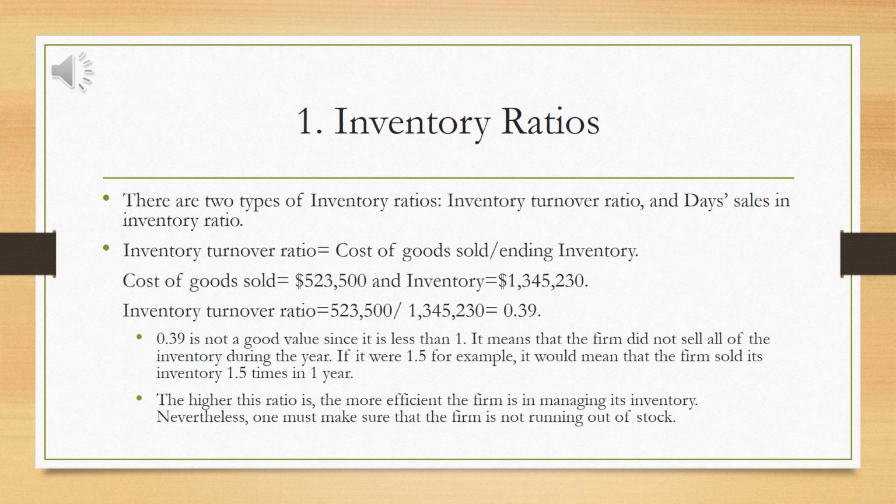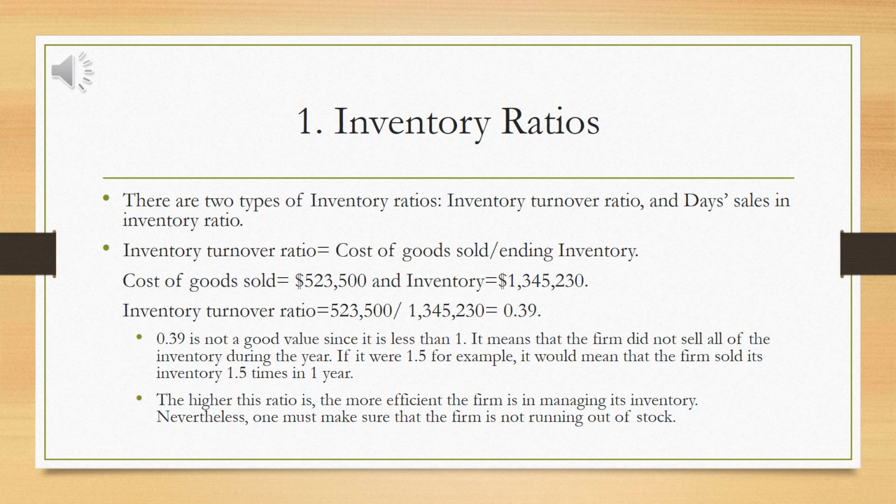There are two types of inventory ratios: inventory turnover ratio and days sales in inventory ratio. Inventory turnover ratio equals cost of goods sold over ending inventory. Cost of goods sold equals 523,500.